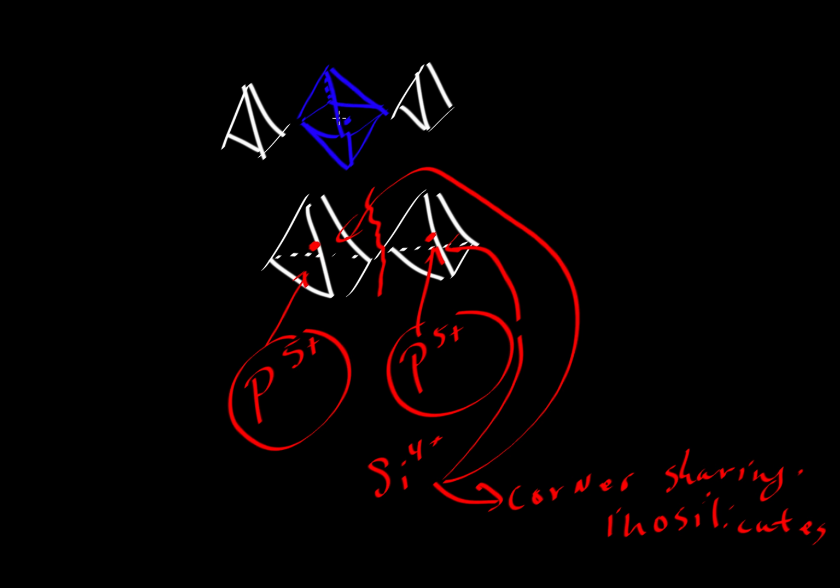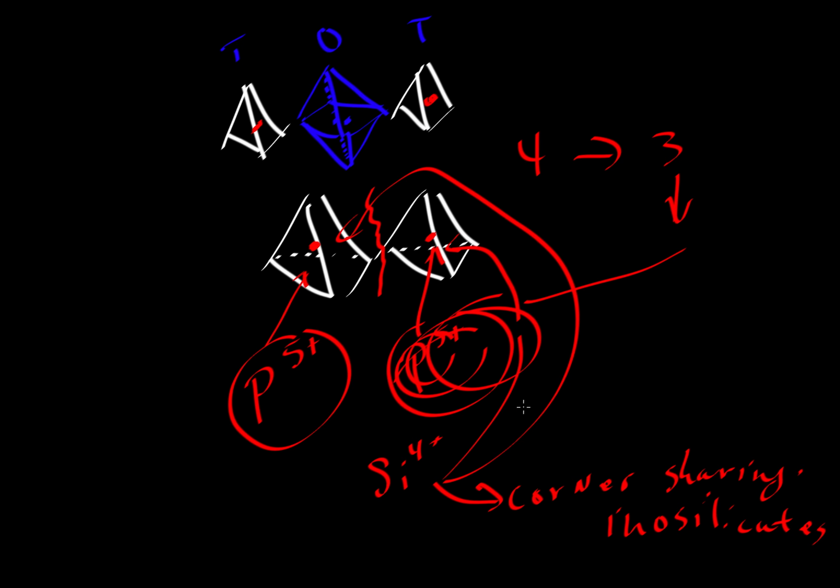So this is a 6-fold coordinated cation with 8 sides. We have an octahedron, tetrahedron, tetrahedron. That would be a much more likely case of coordination for a highly charged phosphorus in the center. So that's the gist of rule number 4: rule number 3 applies especially when you have highly charged cations like phosphorus.